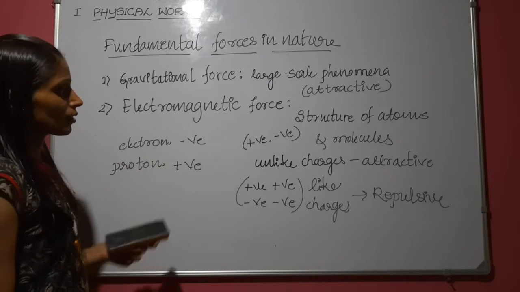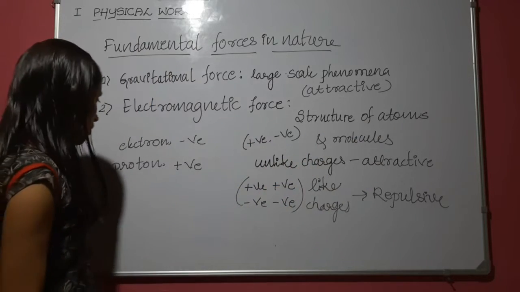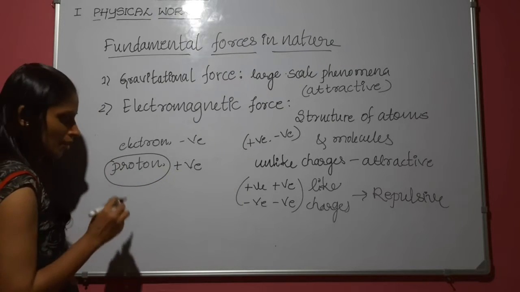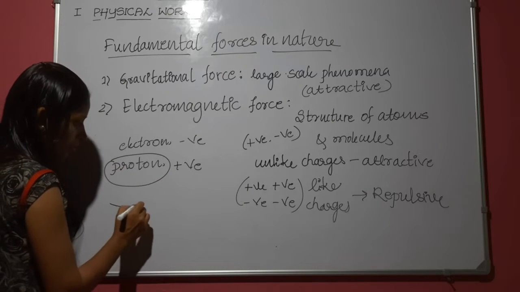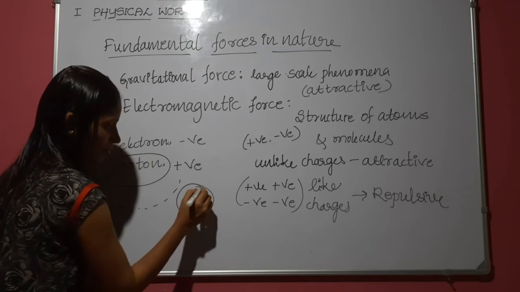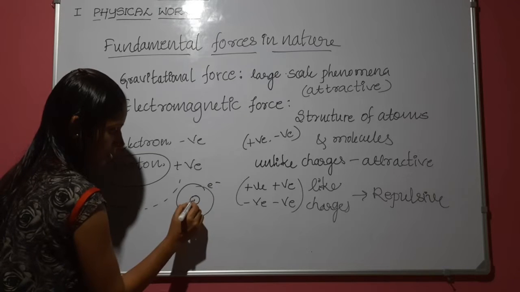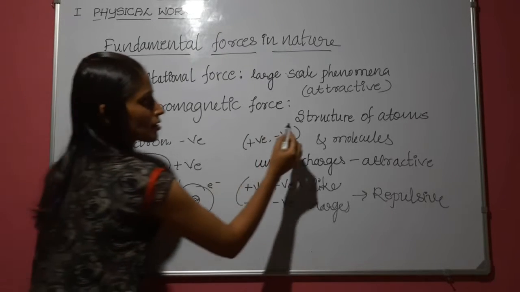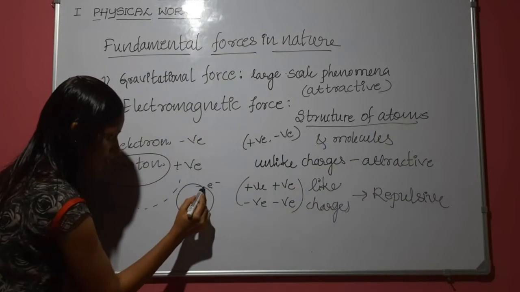Okay, here the structure of atom. In the atom there is a nucleus, in which the protons are there, and the electrons revolving around the nucleus. Positive and negative are there. So this is the structure of atom, formation of atom.